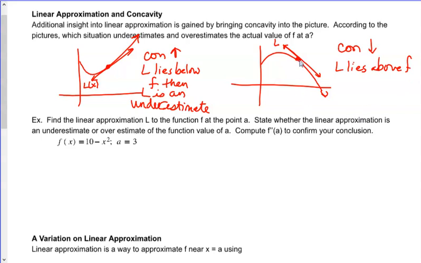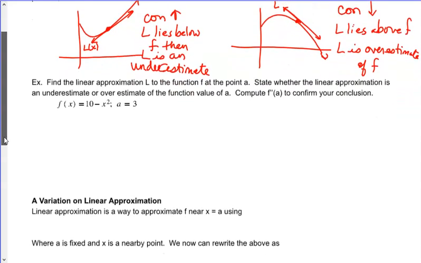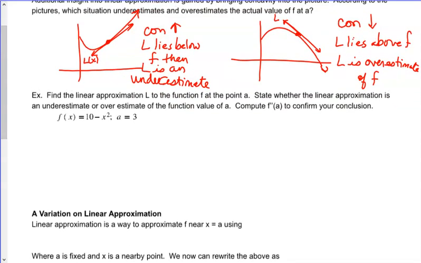And if it is above f, that means that L is an overestimate of f. Okay, so concave up, underestimate, concave down, overestimate. And so find the linear approximation L for the function f at a. State whether the linear approximation is an underestimate or an overestimate of the function at a, and compute f double prime to confirm your conclusion.